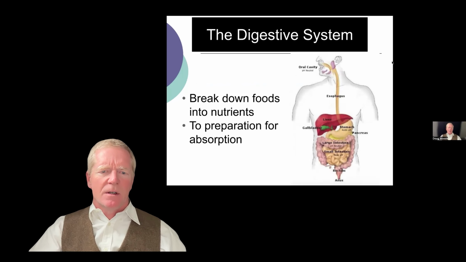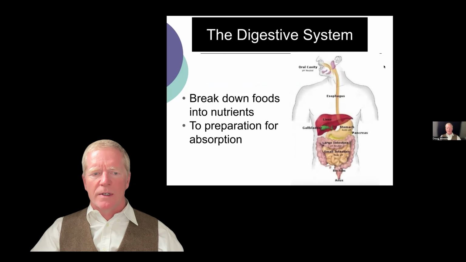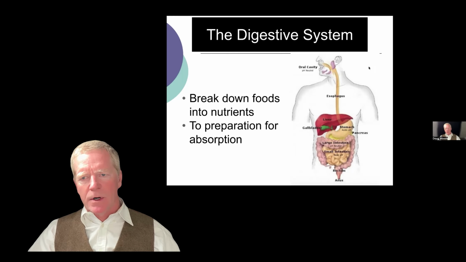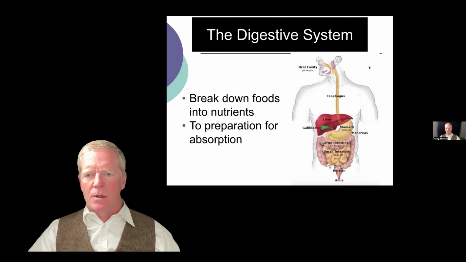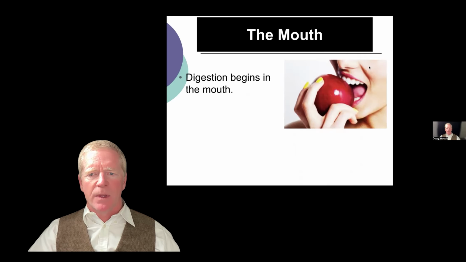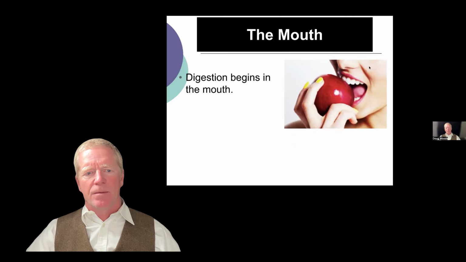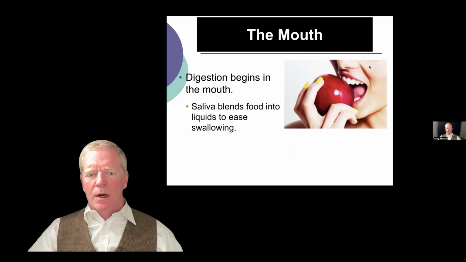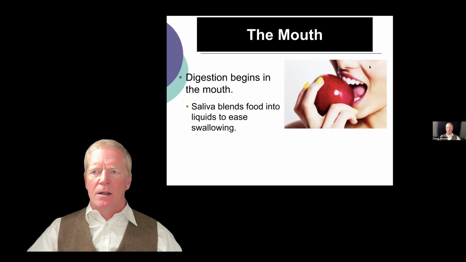The digestive system is used to break down foods into the nutrients that we need to maintain and build our body. Foods are broken down in preparation for absorption into the blood and transport around the body. Digestion begins in the mouth, where saliva blends food into a liquid that is easy to swallow.